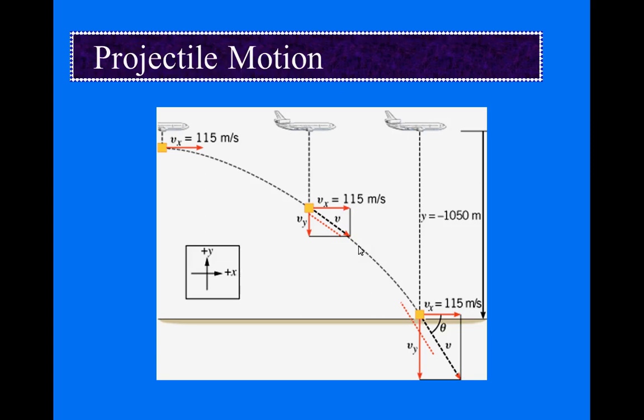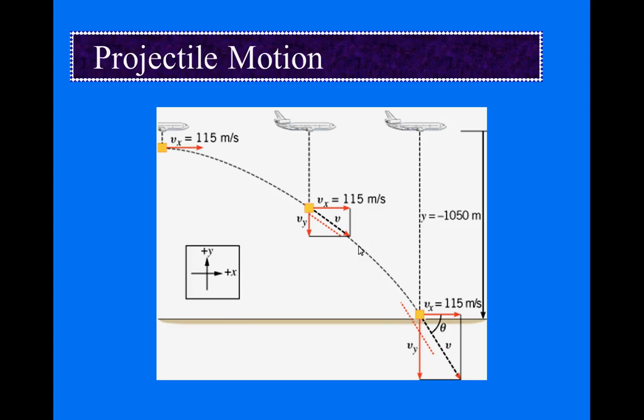It is flying in the air horizontally at 115 meters per second, and then it releases the package. It doesn't throw it down, it doesn't lift it up, it just lets it go so that it falls down according to acceleration due to gravity, what we talked about when we did one-dimensional kinematics with the y-axis, and then it falls down to the ground.